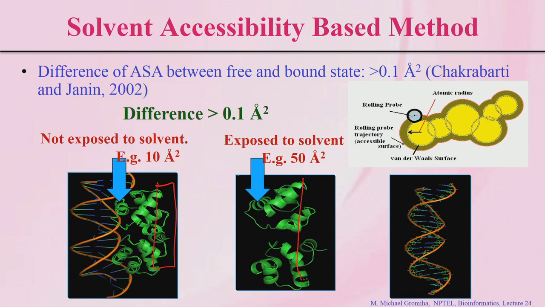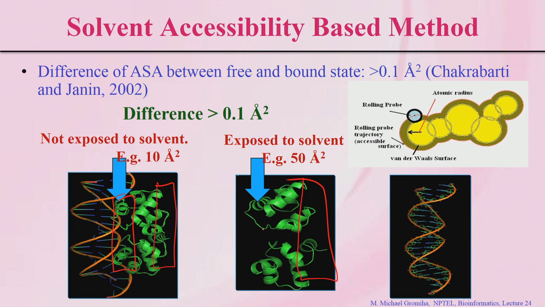If you look at these two proteins and take some region, for example this region, how will the accessible surface area vary? It does not vary, because it is accessible to solvent here and also accessible to solvent there. In this case you do not see any change. If you take this region, this is the complex state and this is the unbound state, which one has a higher value? Unbound, because in this case it is accessible to solvent.